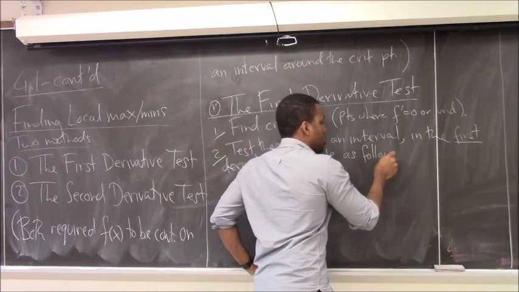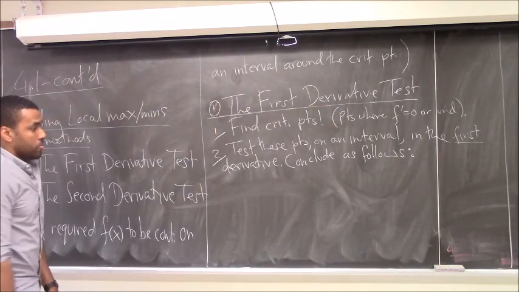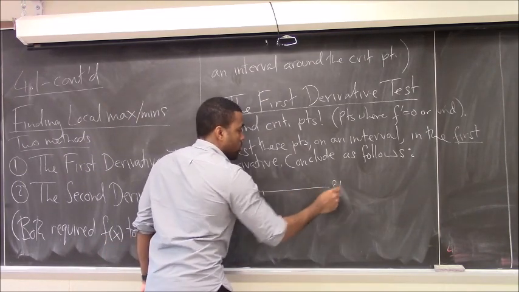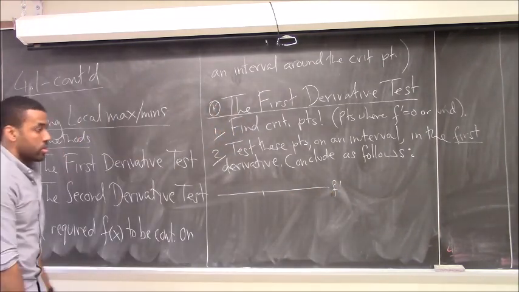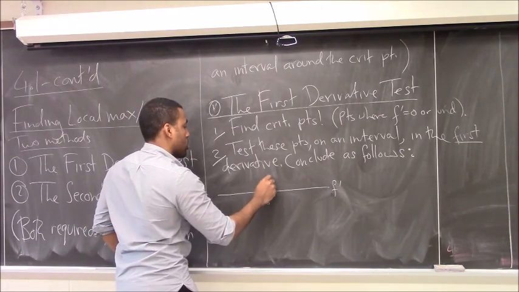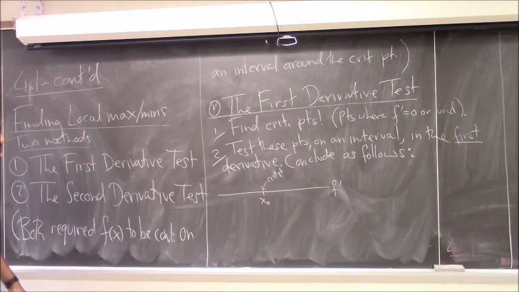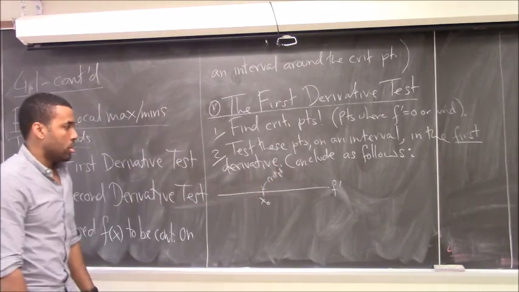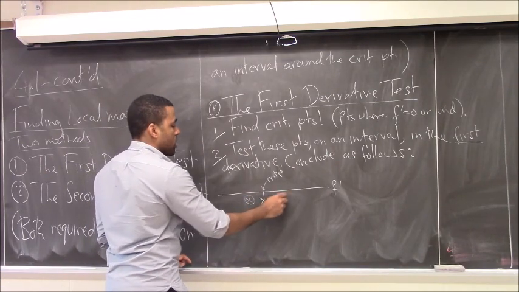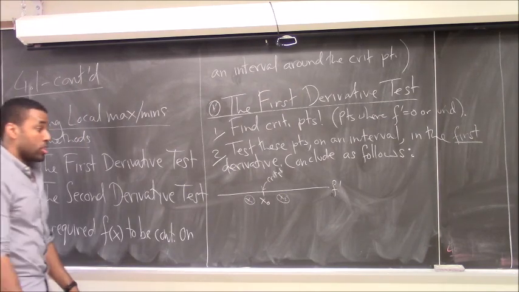And you're going to make a conclusion based on one of two situations that you can find yourself in. Let's say I have the point x0, and this is my critical point. I'm going to put it on an interval, and I'm going to randomly pick two numbers on either side of x0, and I'm going to find the derivative at those points.